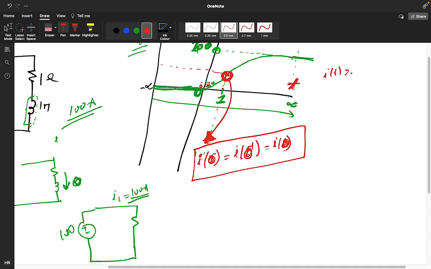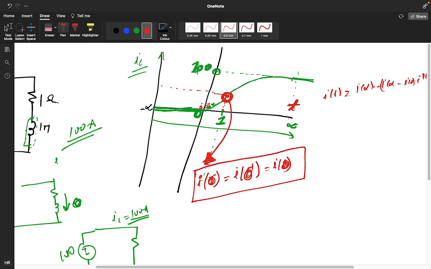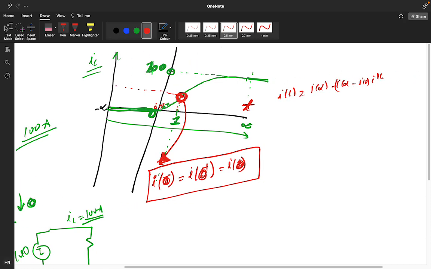I of t is equal to I of infinite minus (I of infinite minus I of 0) e to the power minus RT by L. So I of t I am getting 100 minus 100 e power minus t. So I of t was 100 into (1 minus e power minus t).